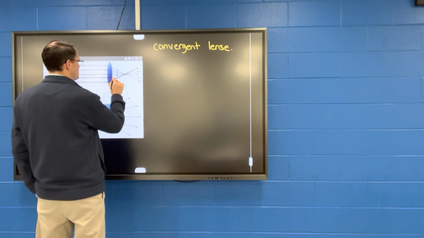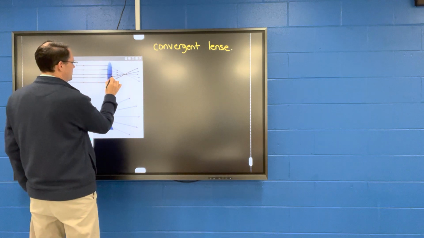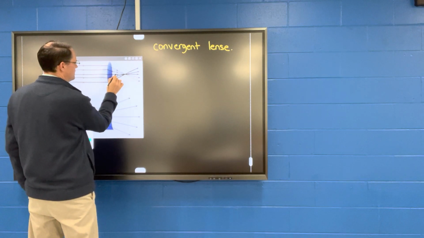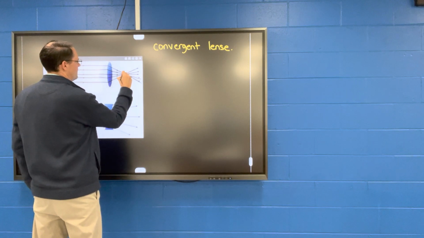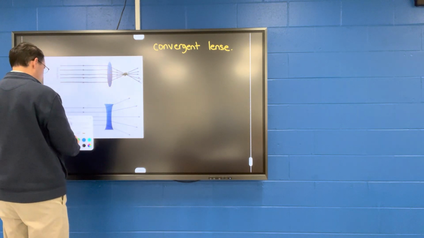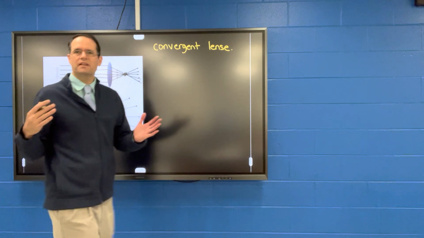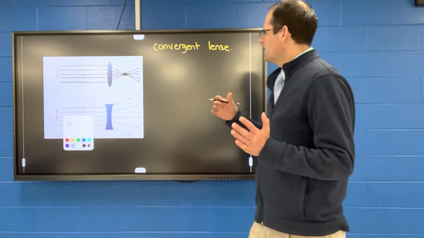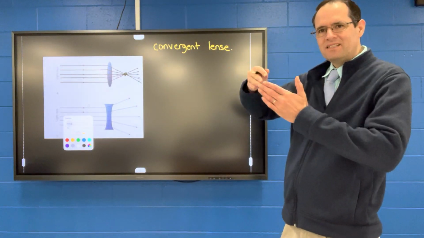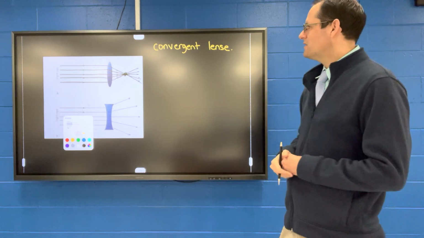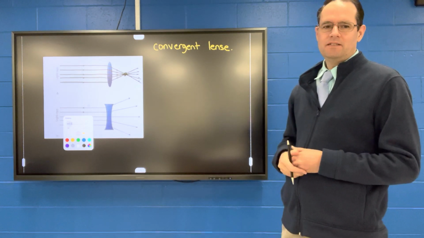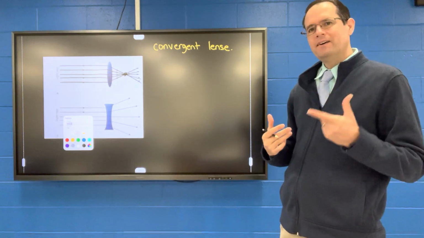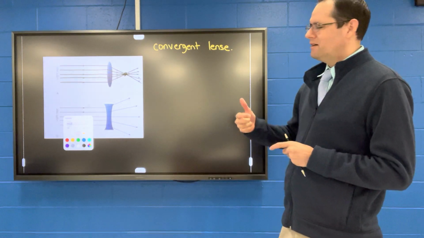They cross eventually, but the focal point is right where all of these light rays intersect, okay? So that right there is the focal point. And so this is a convergent lens because all of the light is coming together, or converging, at a single point, okay? So that might be found in a magnifying glass, for example.